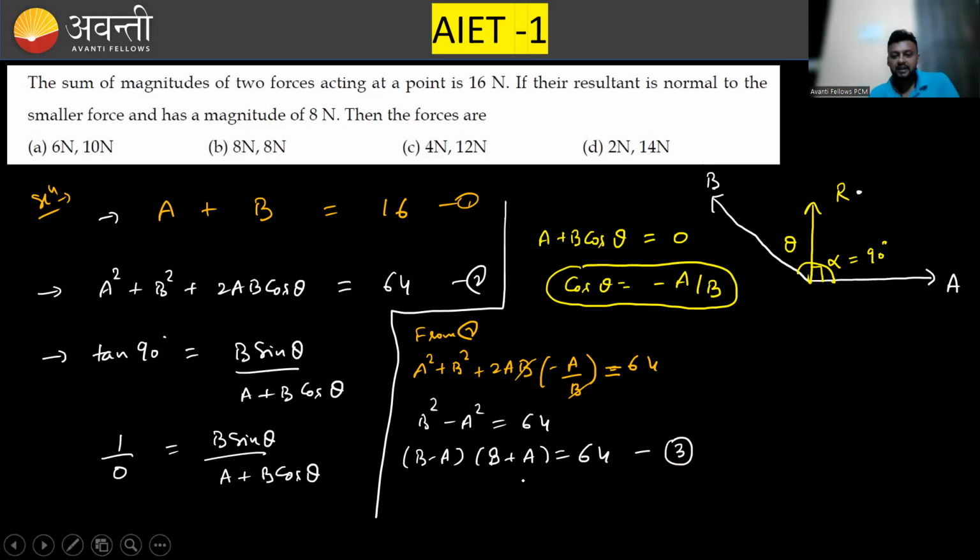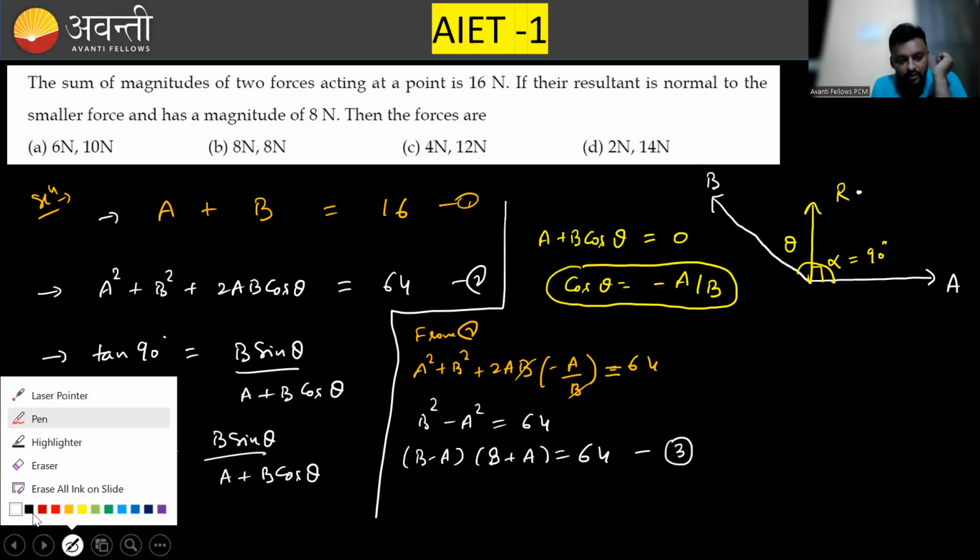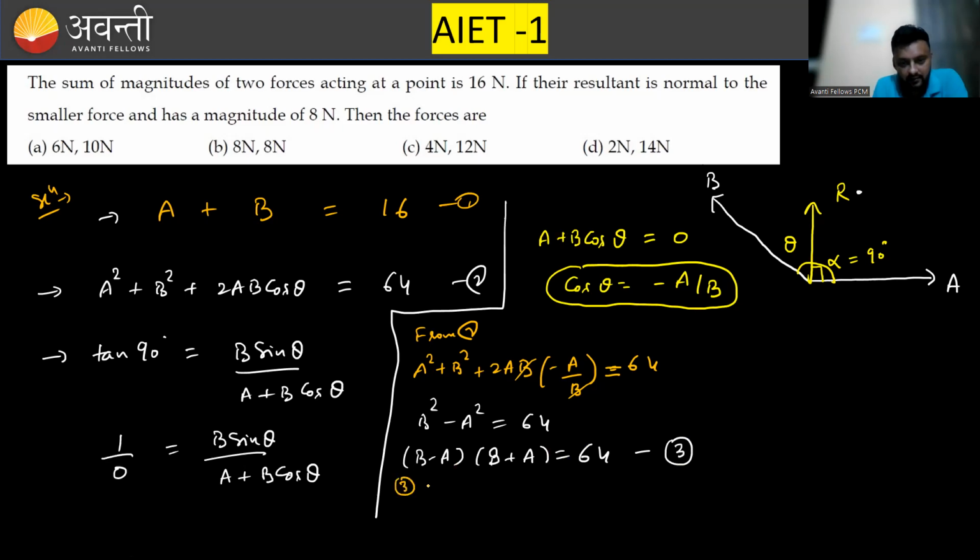Now if you divide 3 by 1, then B plus A will be cancelled. So it will become B minus A equals 64 by 16, that will be 4. Equation number 4.